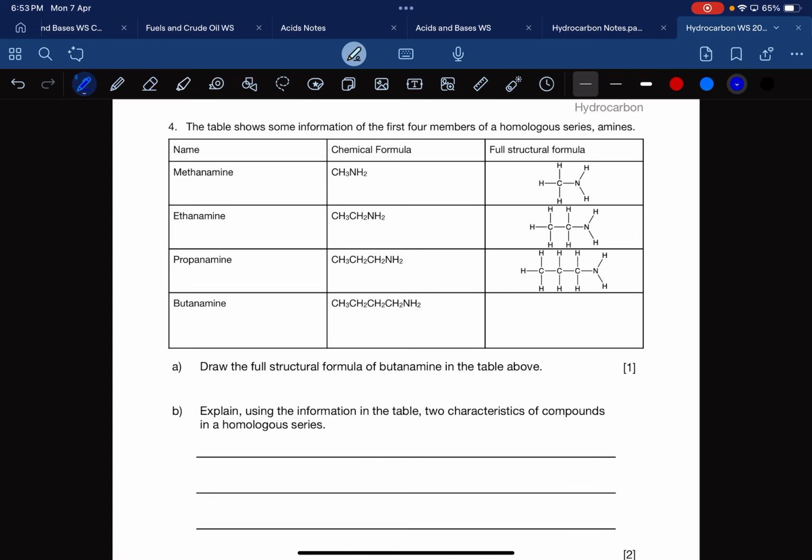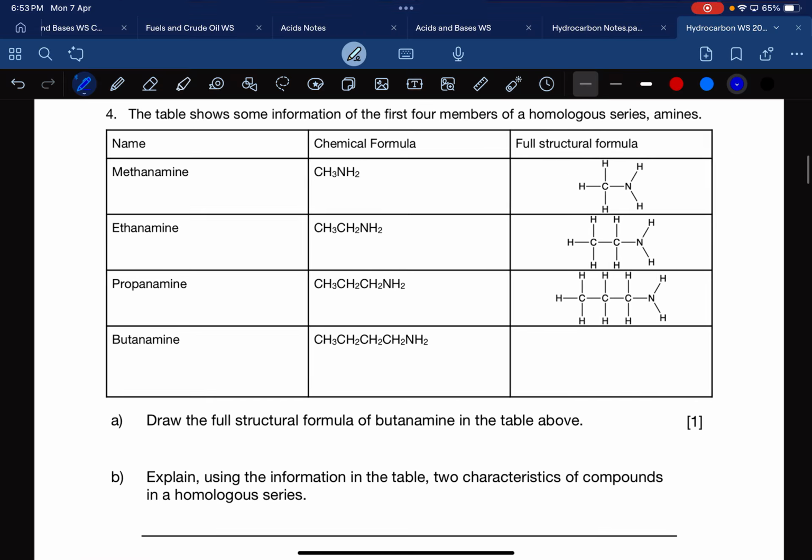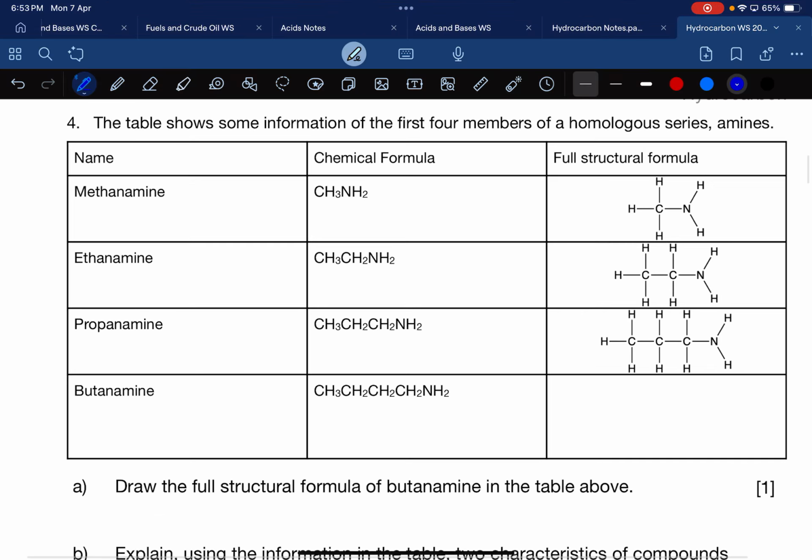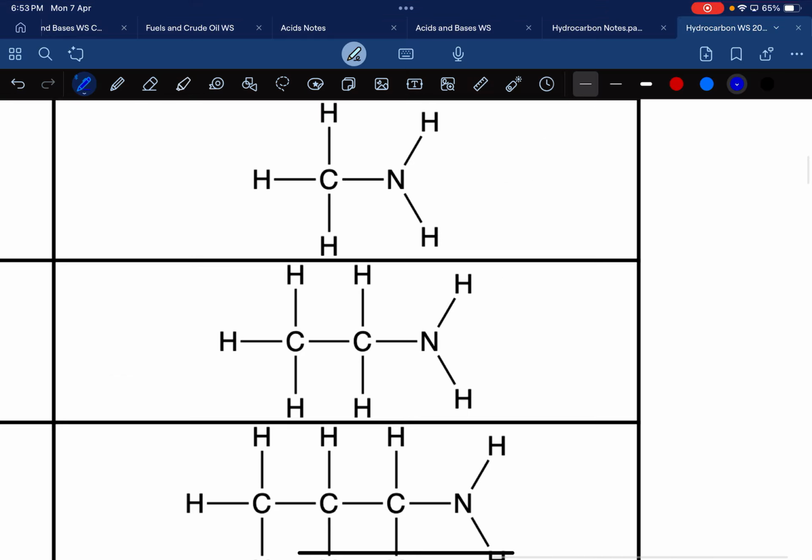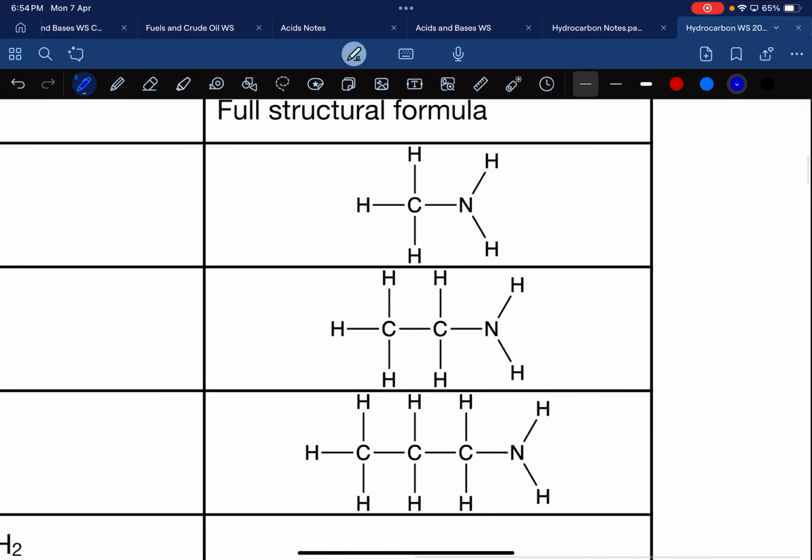Let's do this question together, then I'll let you go. Methanamine, ethanamine, propanamine. All of these weird names. Don't worry. Just look at this.